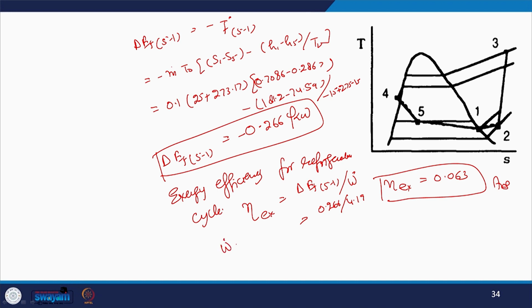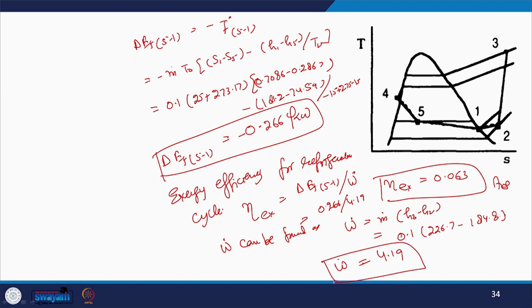Now W can be found out as W is equal to m (H3 minus H2), and that is 0.1 into (226.7 minus 184.8). So W is equal to 4.19, and that is the answer.